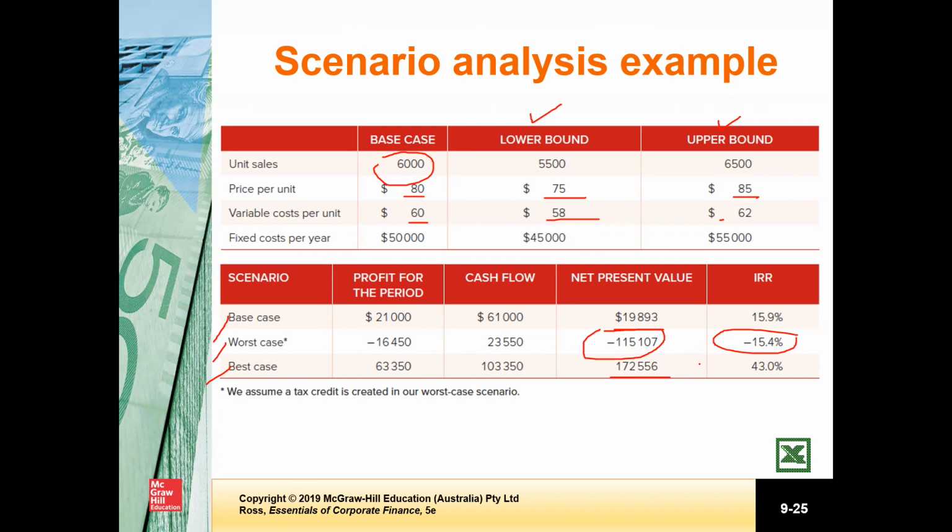Scenario analysis can give us some idea of how bad it can get if the project goes wrong. It is essentially useful in telling us what can happen, in helping us gauge the potential for disaster, but it does not tell us whether or not to take the project.